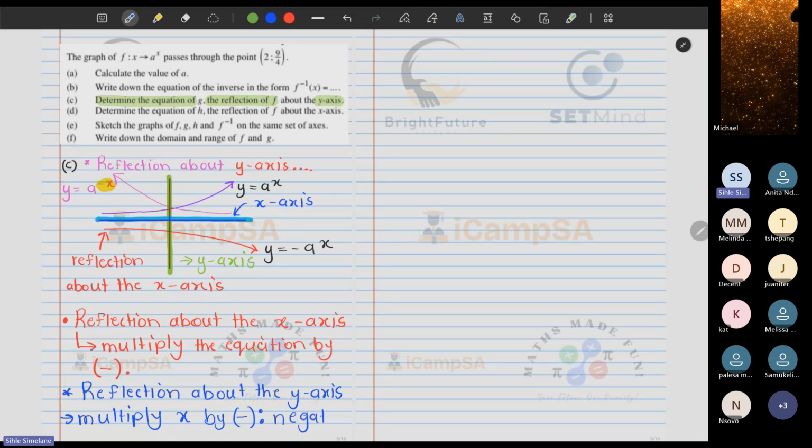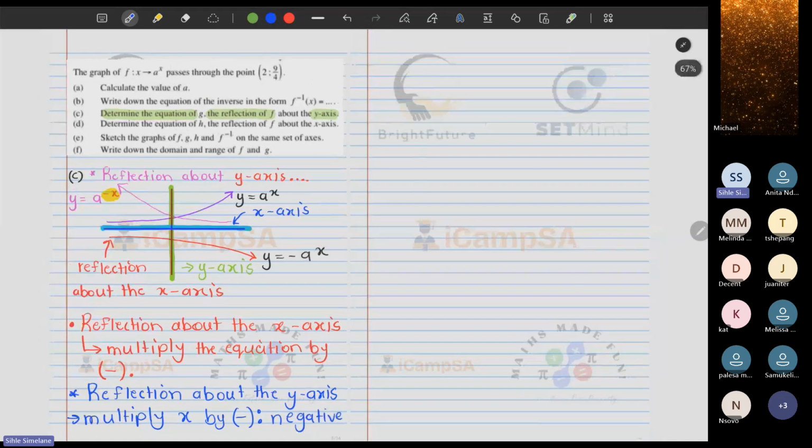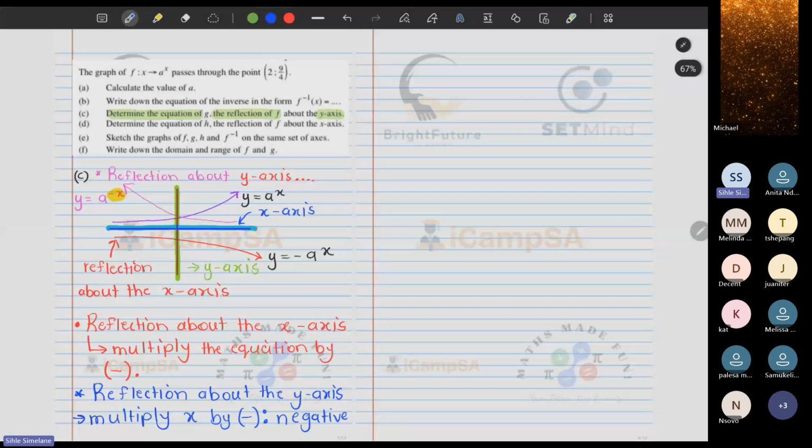Meaning we just change the signs of the x. Wherever there was a negative, we change it to a positive. So maybe we can just say we multiply by a negative or change the sign of x. Do you guys understand that? Very important. Do give me a thumbs up. If you don't, please ask.